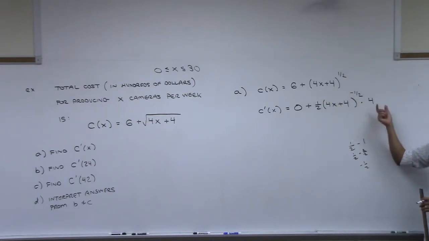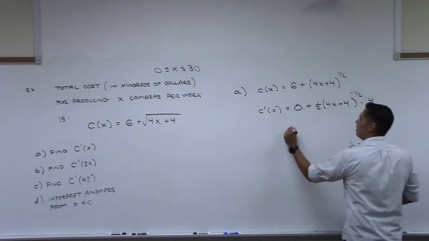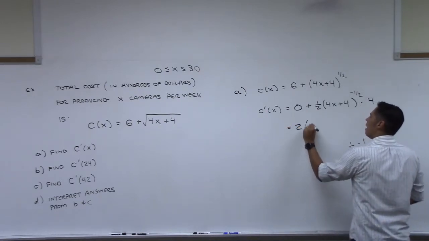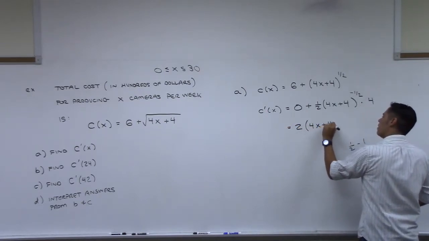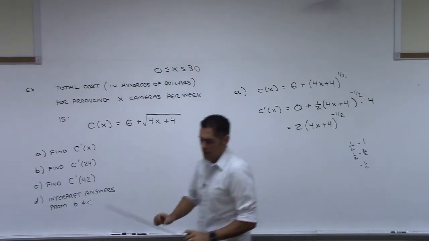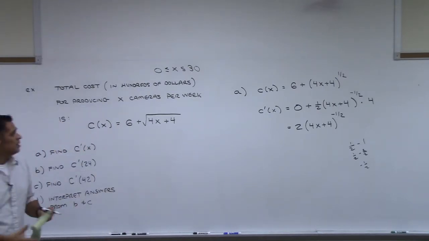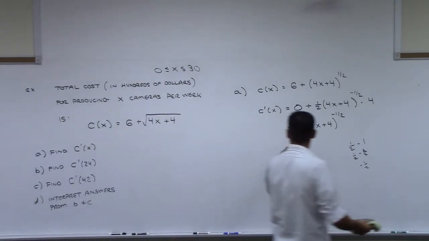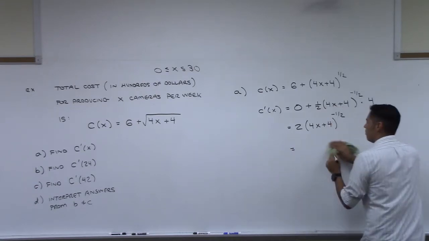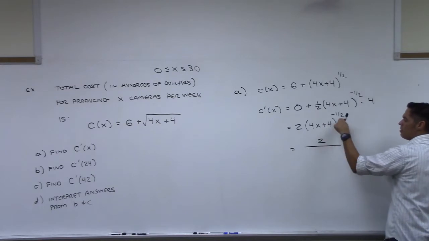Since it's a single term, just leave it here. Now that 4, I can move out in front with the half, can't I? And half of 4 is 2. So this is really 2, and then 4x plus 4 to the negative 1/2. We could leave it like that, but getting back to what we need to do on our calculators, it might be easier at this point to rewrite this as 2 over, so that 2 is staying here, and this goes down to the bottom.